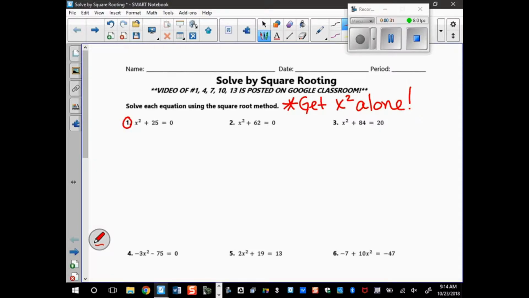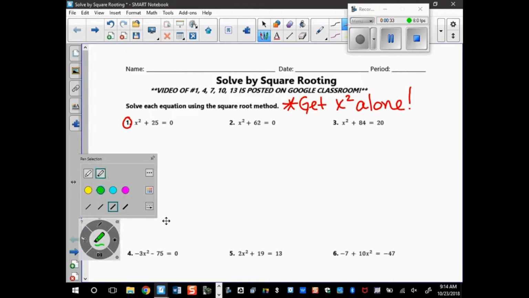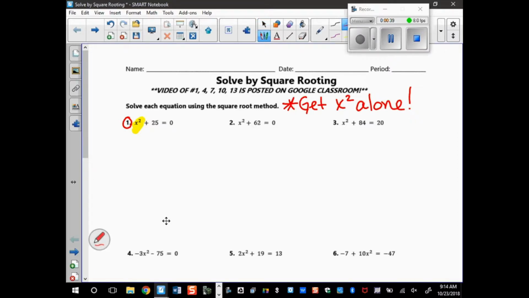So if I look at number 1, my x squared portion is not by itself. I need to move the 25. So to do that, I would do minus 25 on both sides. So x squared equals negative 25. Now the x squared is by itself, I can square root.